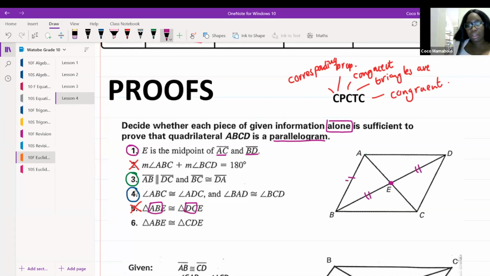You agree? This one and this one must be equal. Now, if you look at what I've written on the screen, look at BE. Look at the drawing. Which side should BE be equal to? DE, ma'am. Good. BE should be equal to DE. Yes, you're correct.